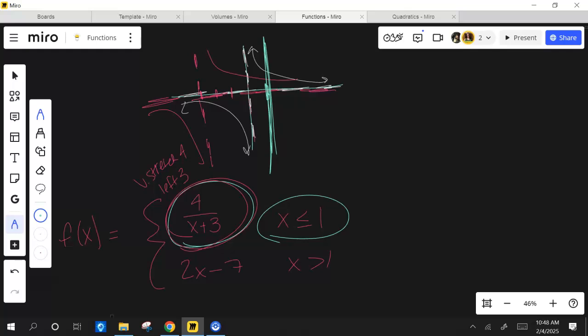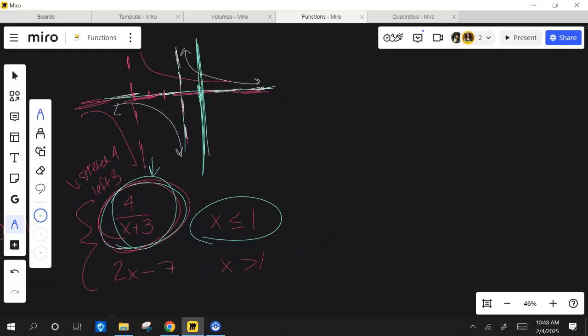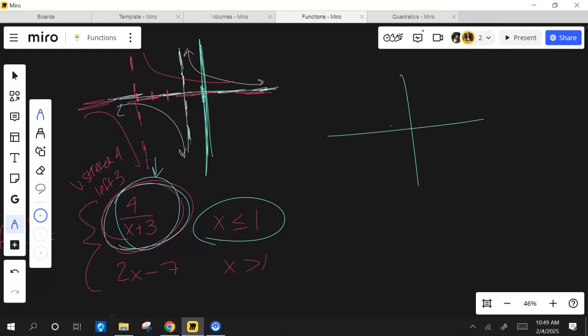So you're really trying to visualize what does this look like if I don't cut anything off, just in general. Well, this would look like an asymptote at -3, an asymptote at 0, and it would do something like this.